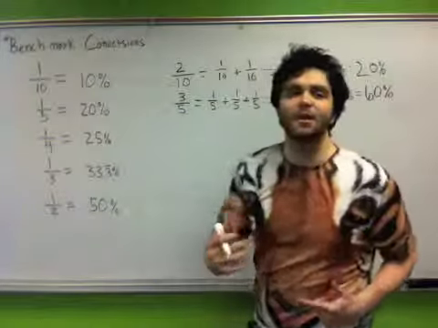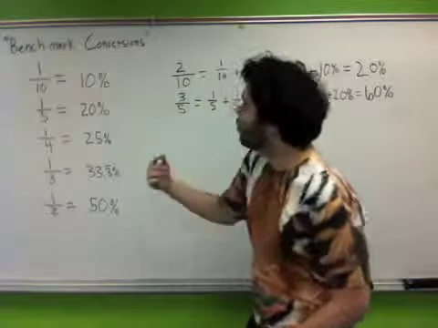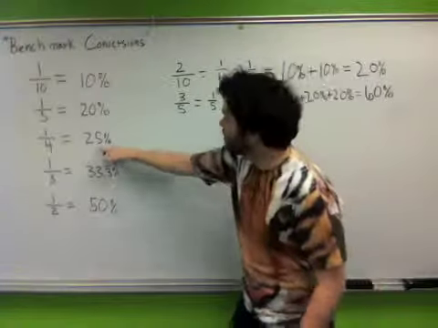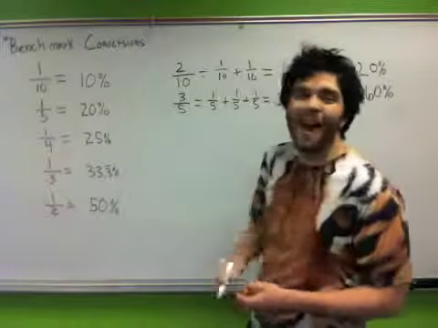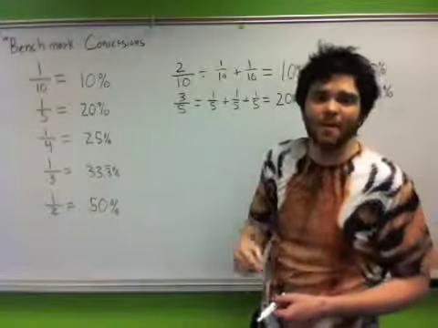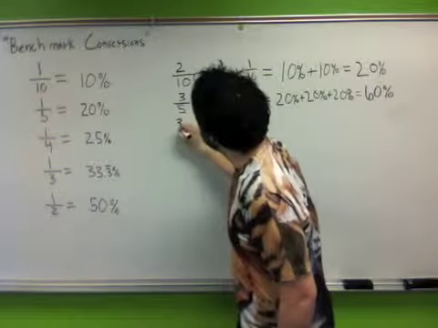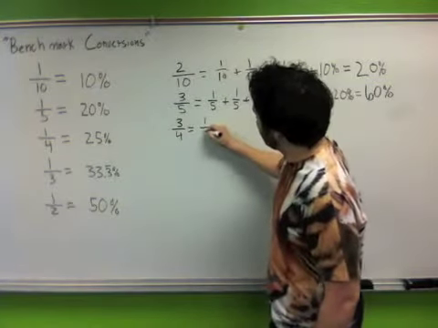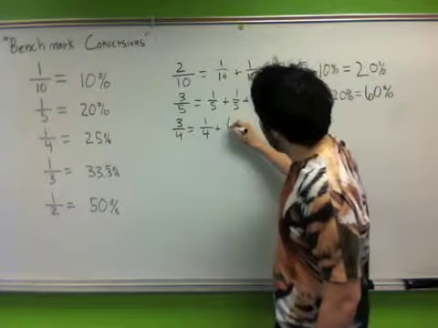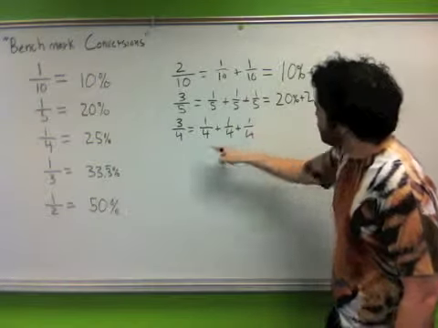Let's try it again, a little different. Let's try it with 1/4. I have 1/4, I know that's equal to 25%. What if I have 3/4? Let's check it out. 3/4 is going to be equal to 1/4 plus 1/4 plus another 1/4, right?